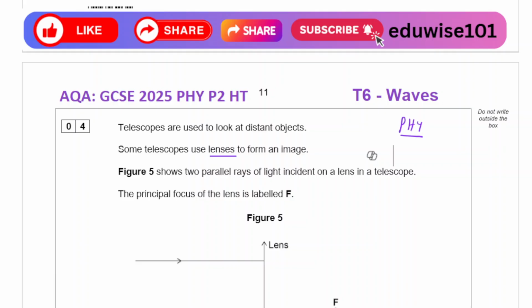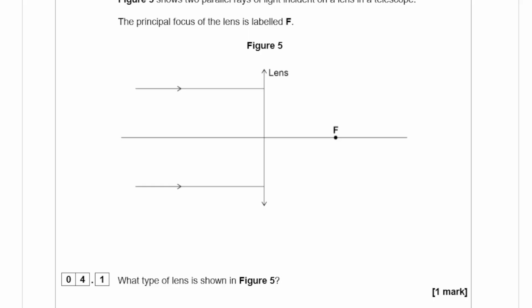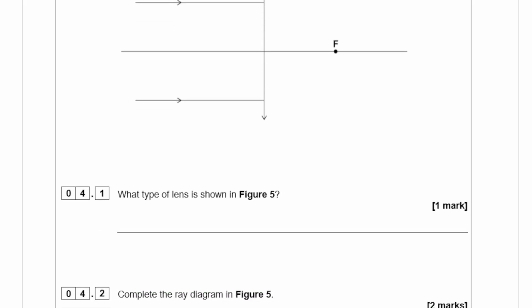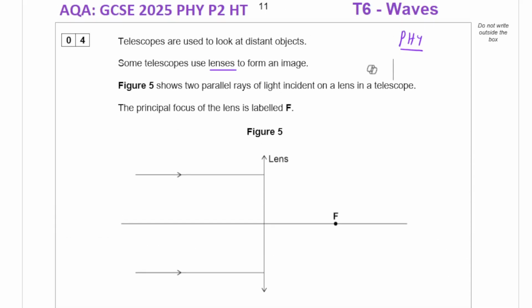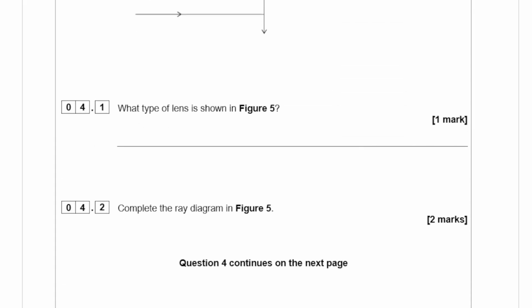Figure 5 shows two parallel rays of light incident on a lens in a telescope. The principal focus of the lens is labeled F. What type of lens is shown in figure 5? So if the principal focus is in the front, the lens should be a convex lens.